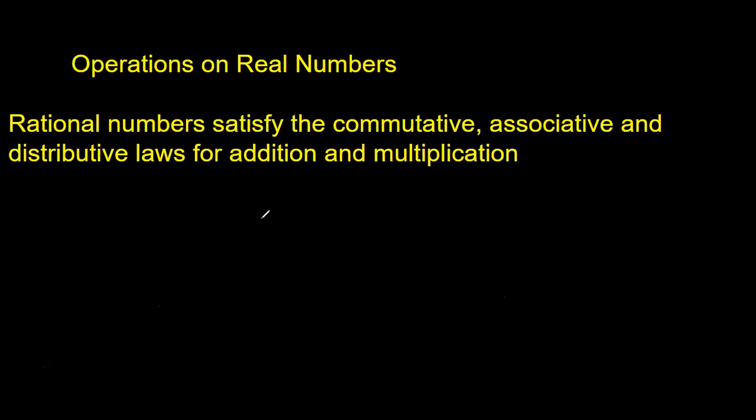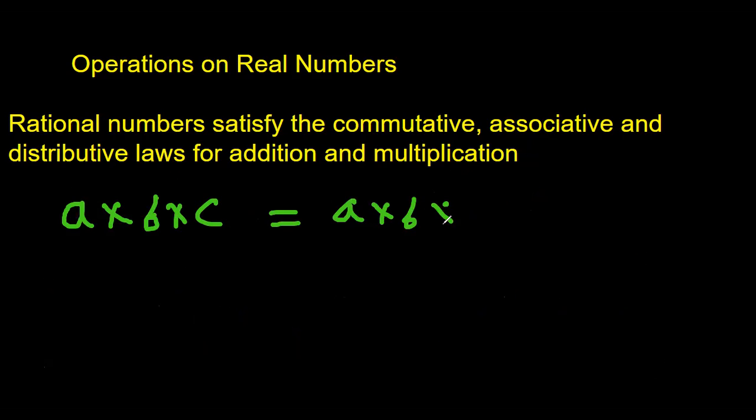Similarly, you have the associative law of multiplication also, where you take three numbers and you say (a into b) into c will be the same as a into (b into c). Whether you multiply these two first, then the product you multiply with c, or you multiply the other two first and then the product is multiplied with a, in both situations you will get the same answer.